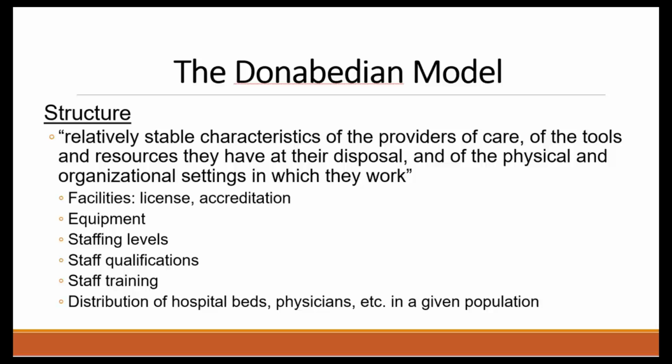So structural measures indicate the extent to which healthcare organizations have the capability to provide adequate levels of care. So in other words, structure provides this indirect measure of quality.